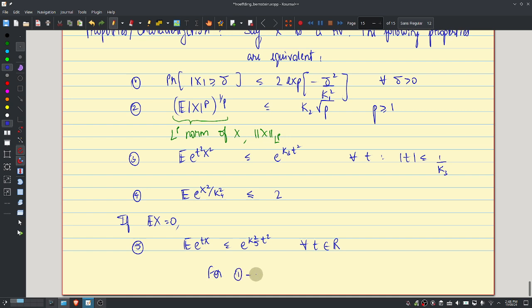And for the properties 1 to 5, you take ki and kj in any of these properties, the ratio is upper bounded by some universal constant.